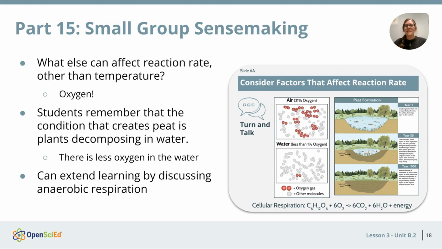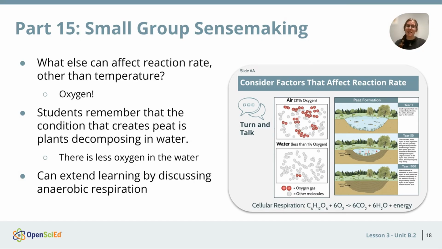Part 15 is a small group sense-making discussion about what else can affect reaction rate other than temperature. And now that we've made that connection to cellular respiration, a lot of students very quickly are going to start saying, oh, oxygen. Oxygen is also going to affect the rate of decomposition.